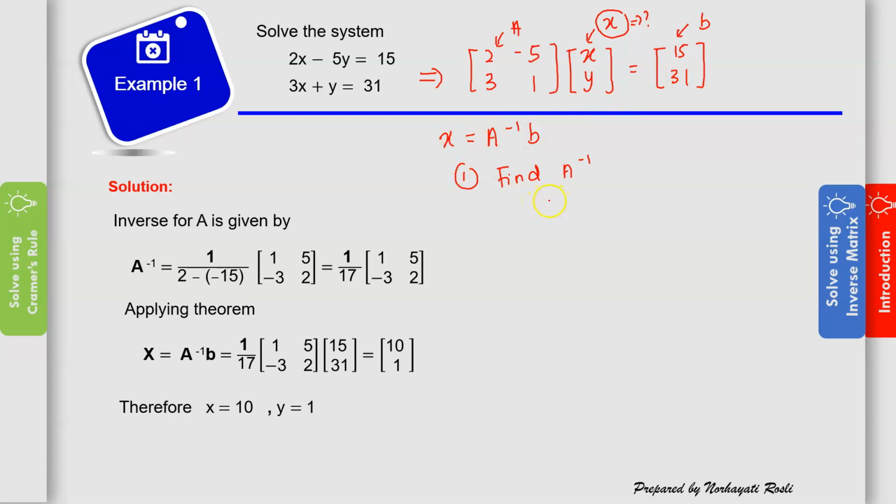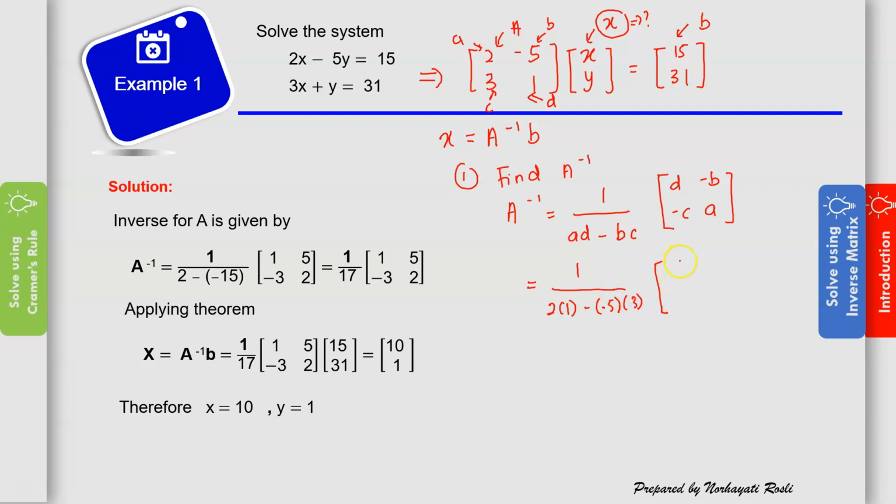To find the inverse of this matrix, you need to refer back to the previous lecture, which is for 2 by 2, A inverse equal to 1 over AD minus BC times the matrix D, negative B, negative C, A. So in this case, this 2 is our A, negative 5 is B, 3 is C, and 1 is D. The inverse is 1 over 2 times 1, minus negative 5 times 3, multiplied by the matrix with D which is 1, negative B which is 5, negative C which is negative 3, and A which is 2.